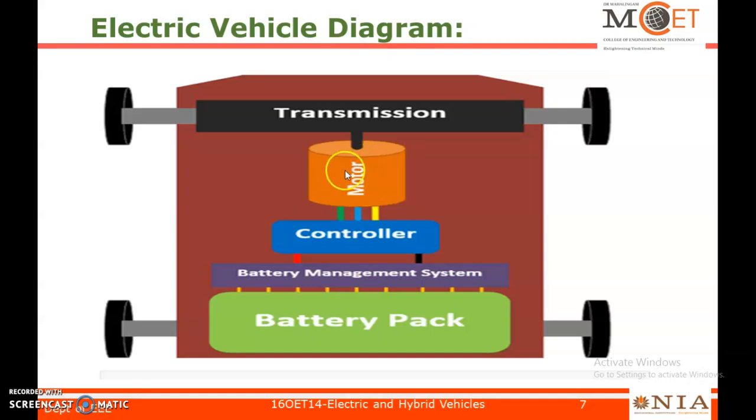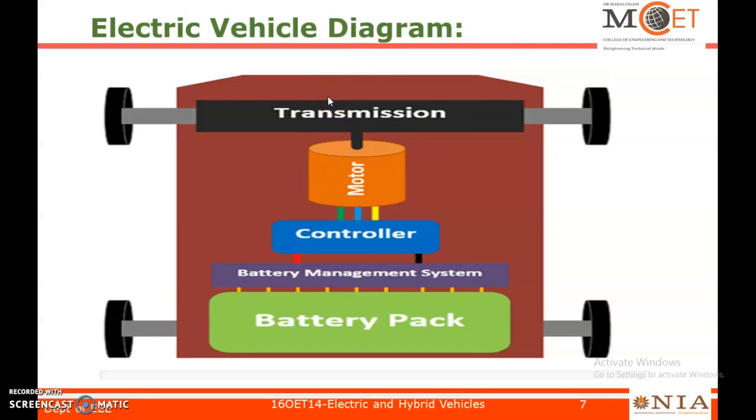Then if the input voltage level or the frequency level is regulated, automatically the speed of the electric motor can be regulated, and so the transmission system of the electric vehicle can be operated effectively.